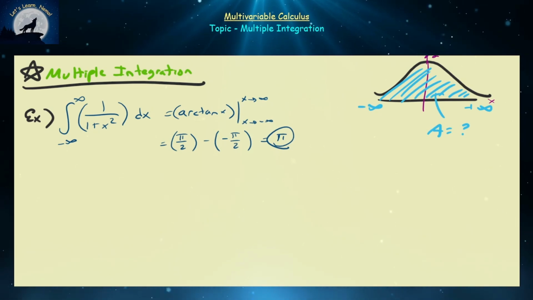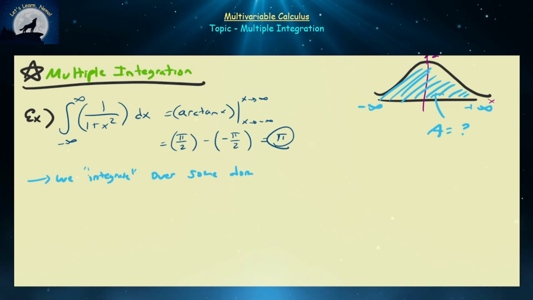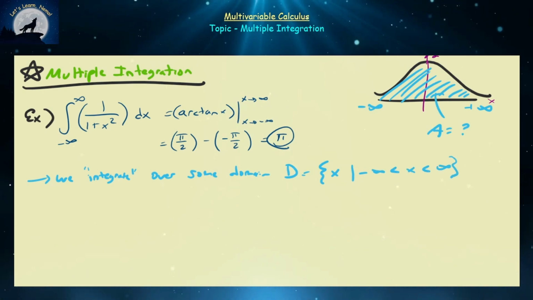All right, so what exactly are we doing? We integrate over some domain, and we're going to write the domain D in this case as the set of all x values such that minus infinity is less than x is less than positive infinity, which in this case obviously is the set R, to get some area.